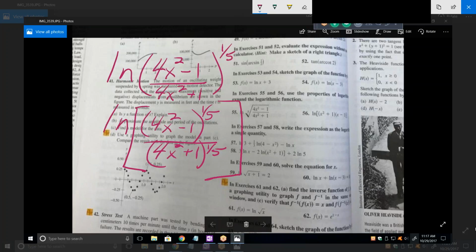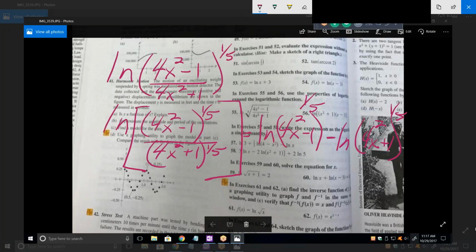If I am multiplying, I'm going to add them. I am dividing here. Therefore, this is going to be the natural log of (4x squared minus 1) to the 1/5, minus the natural log of (4x squared plus 1) to the 1/5. With me, as all I did was split it up. Because there's division going on in the argument, it's the log of the numerator minus the log of the denominator.